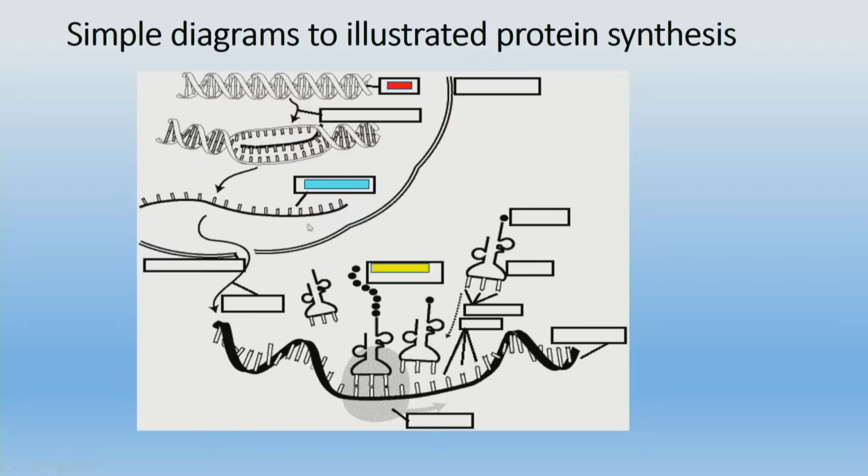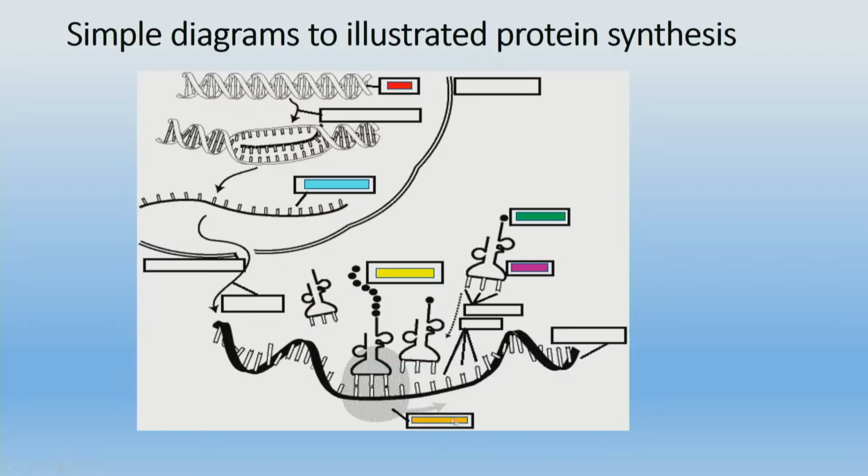In this case, we have a lot of amino acids. So this is a peptide bond or peptide chain. That one that is alone, that is an amino acid. This structure is called the tRNA, this one. This one is the mRNA because it's a single strand.